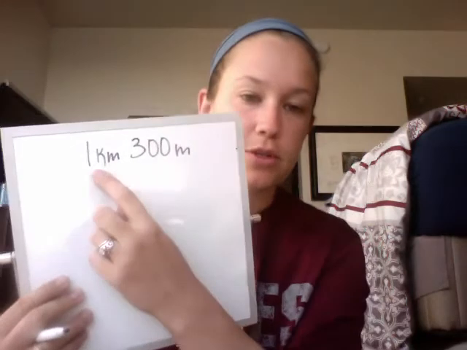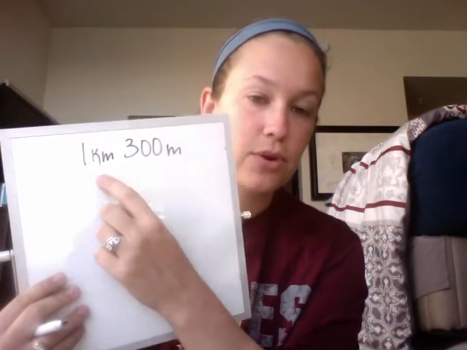I have 1 kilometer and 300 meters. And Ali ran around 4 times, so I'm going to multiply first my kilometers by 4 and then my meters by 4. So 1 kilometer times 4 is 4 kilometers. And then 300 times 4 is 1,200 meters.